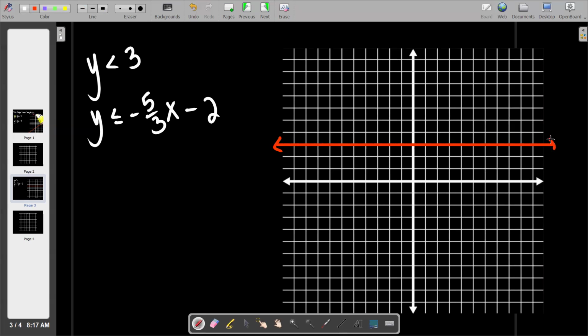I, again, have to fudge mine. So I make it solid, and then I bust out some chunks of it to make it look dotted like this. Now, I'm going to show you something this time that I want you to do, and you'll remember this maybe from the first time we had this conversation a year or two ago. And it is that I don't want to shade. What I want to do is draw indicating arrows so that my graph doesn't get messy.